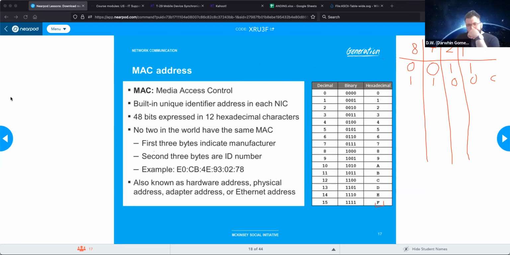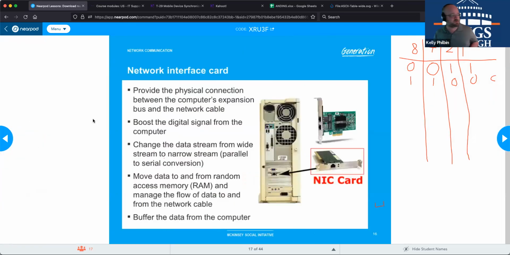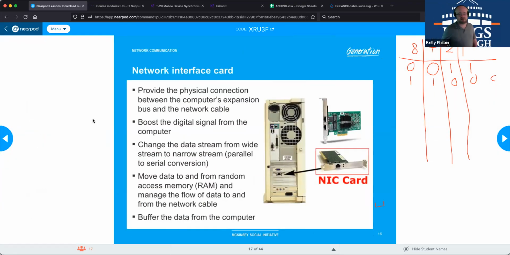Let's up the difficulty a little bit and remove the chart. So if I say, what is my binary representation for, let's say, E. So we want to figure out what E is.